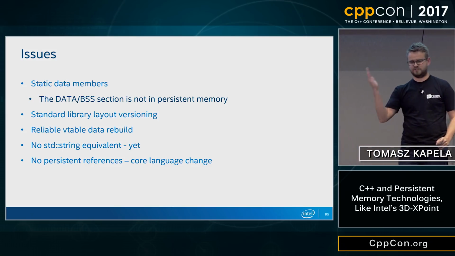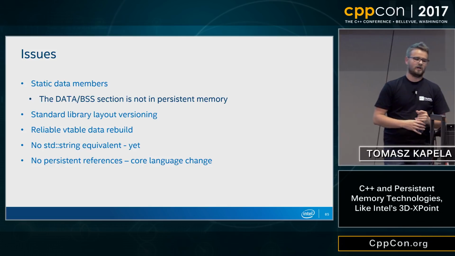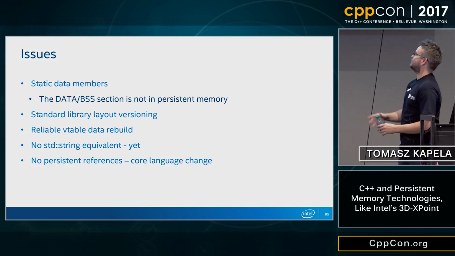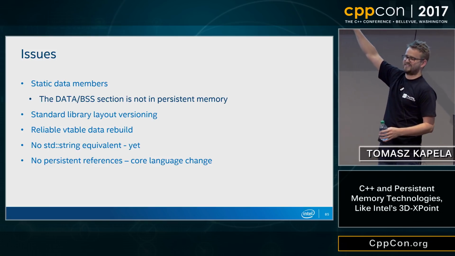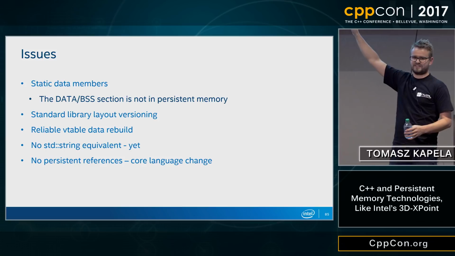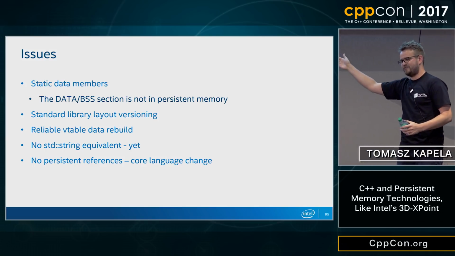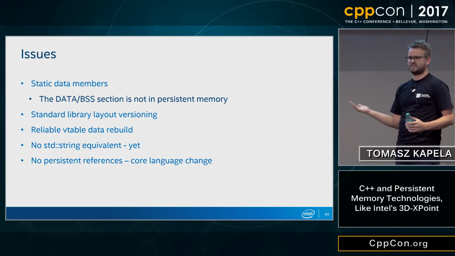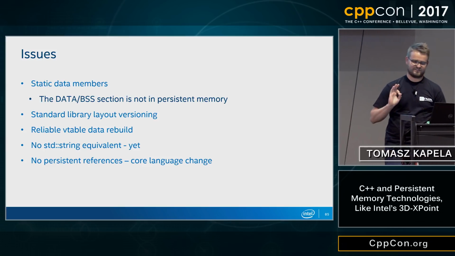So by default, std string cannot be used with our allocator. And there are no persistent references. I just put it there because we didn't do any core language changes, and we don't want to. That's a lot of fighting with the committee, I suppose. So if we don't have to, we get by without persistent references.